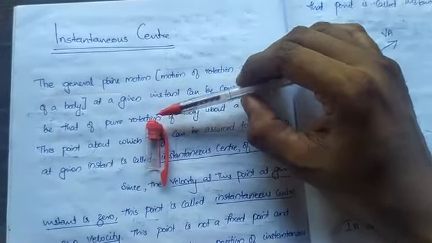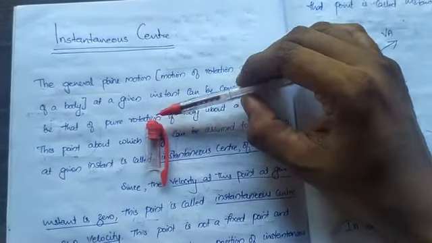Instead of moving straight and making a turn, I am going to consider this motion from the initial point to a final point here. That is, you are considering a pure rotation of this object with respect to a point, and this point is called the instantaneous center.